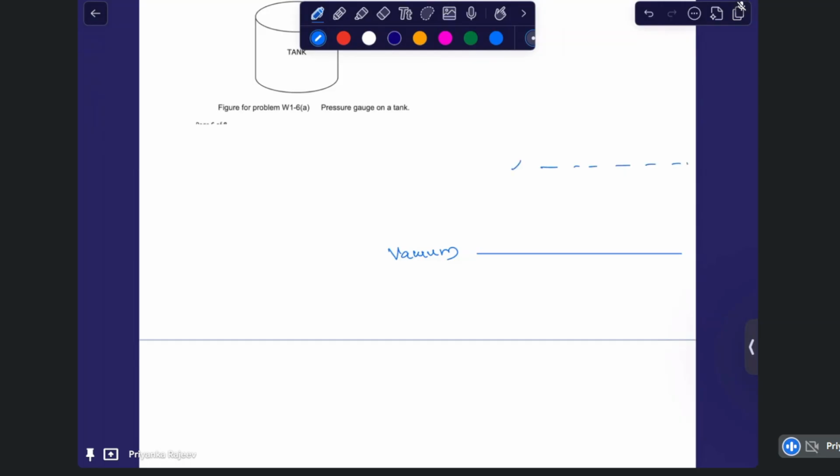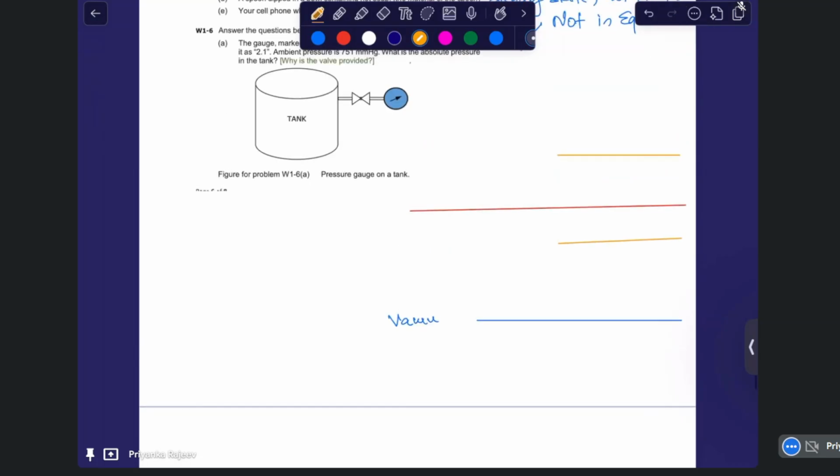Okay, this is atmospheric pressure. I'll draw it somewhere in another manner. So this is atmospheric pressure if we see. Now I'm taking 2 points over here and over here. So this measurement is with respect to atmospheric pressure.